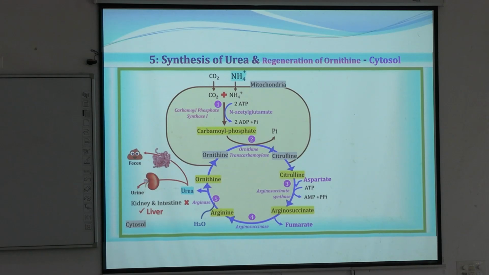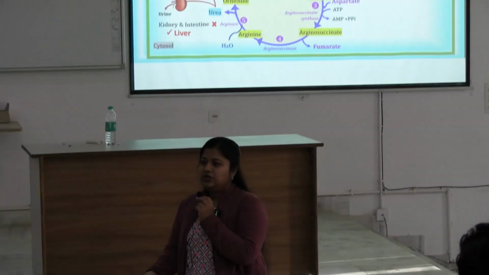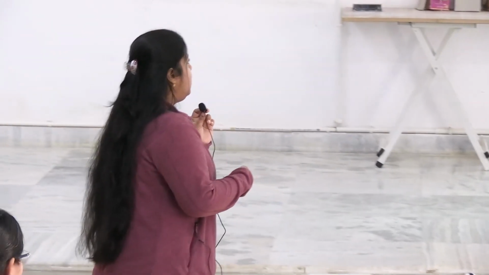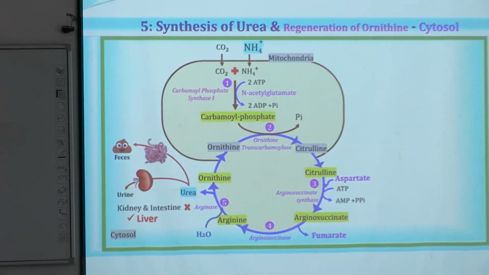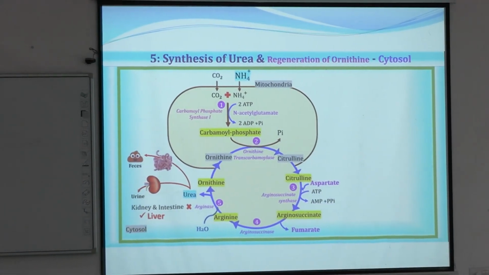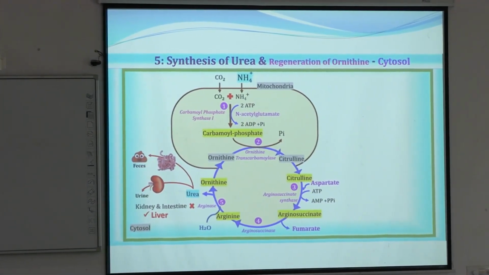So now coming to the fate of the urea produced. What will happen to the urea that is produced in the urea cycle? The urea will be excreted by the kidneys in urine, right? I told you urea is highly water soluble, so it will dissolve in blood and be eliminated in our urine. A part of urea is also transferred to the intestines by blood circulation and released in our feces also.